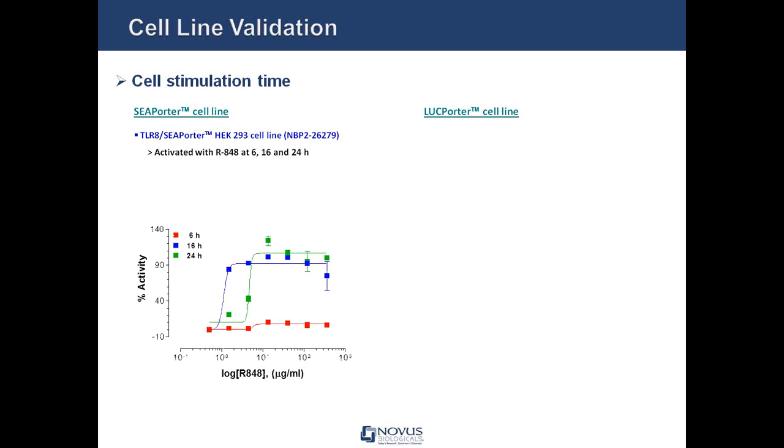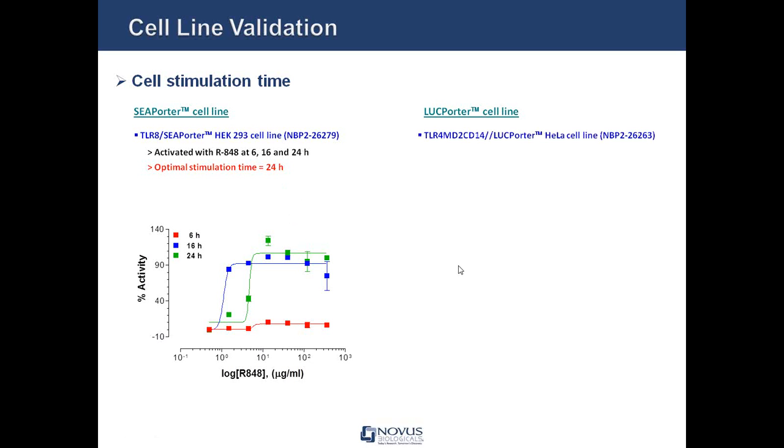We also did cell stimulation time analysis. For the SEAPorter cell line, we use TLR8 using the same ligand at 3 different time points, 6 hours, 16 hours, 24 hours. And then we found for the SEAPorter cell line, the optimal stimulation time will be 24 hours.